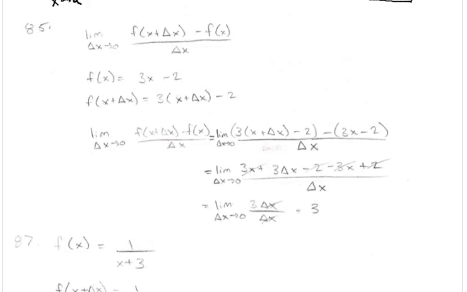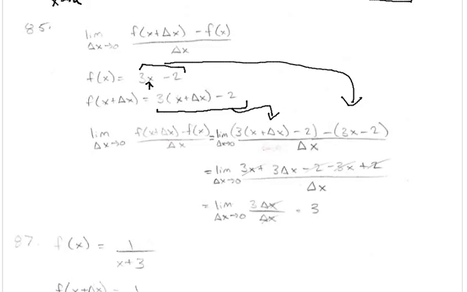So if we evaluate f of x plus delta x, we just put in x plus delta x everywhere that we see x in the function. So the limit as delta x goes to 0 of f of x plus delta x minus f of x over delta x is equal to, well, substitute this quantity in for f of x plus delta x, and substitute our f of x in for, well, f of x.